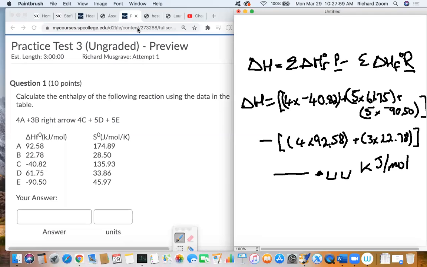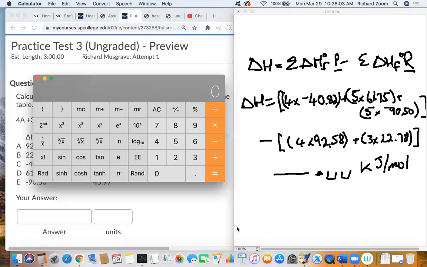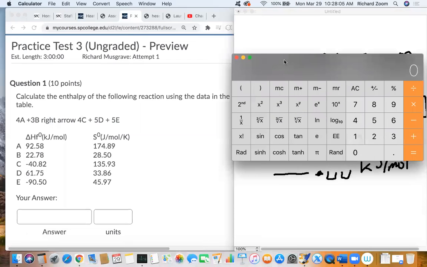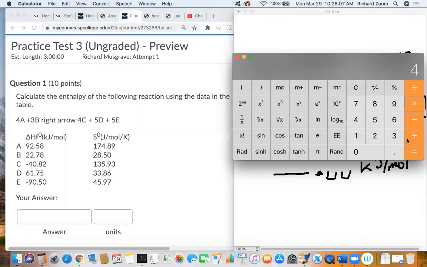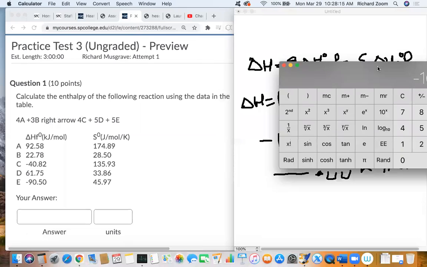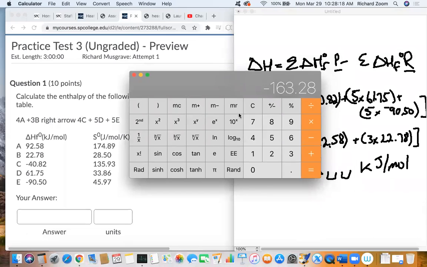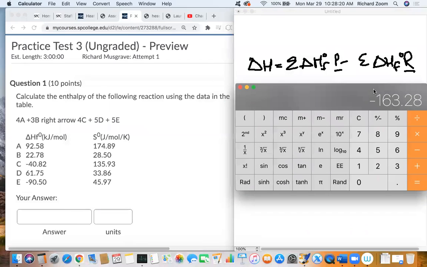No. You put it in your calculator like this: 4 times 40.82 and the plus-minus sign. That's 4 times negative 40.82, Michael. Okay, thank you.